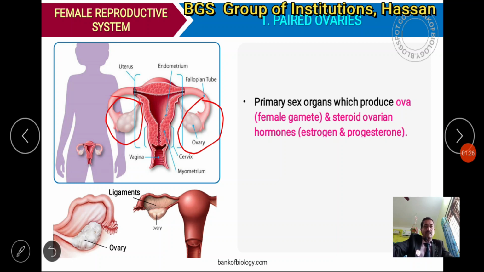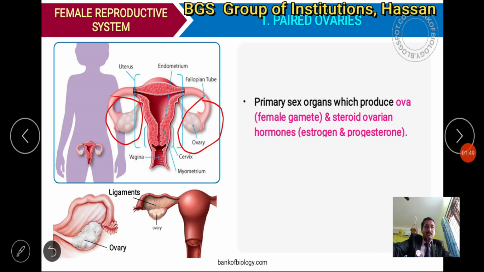Ovaries produce ova or egg, the female gamete. Remember this point. Ovary is the female gonad, whereas ova or egg are considered the female gamete.